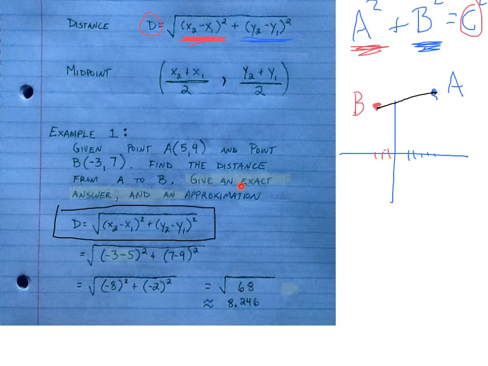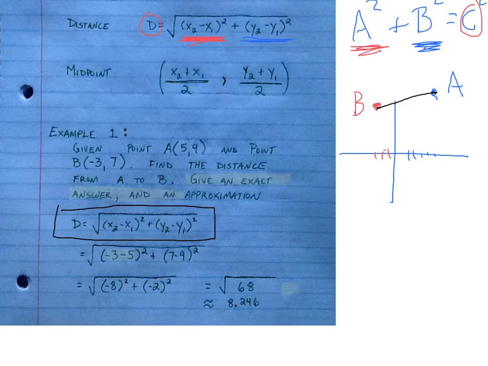In this particular case, I'm asking for you to give an exact answer and an approximation. So root 68 is an exact answer, and 8.246 is the approximation. In my classroom, I would appreciate all approximations to be to 3 decimal places, unless I specify otherwise. In some cases, you might be able to simplify the radicand, but that would be a different skill, so I'm not going to worry about that on this particular skill.